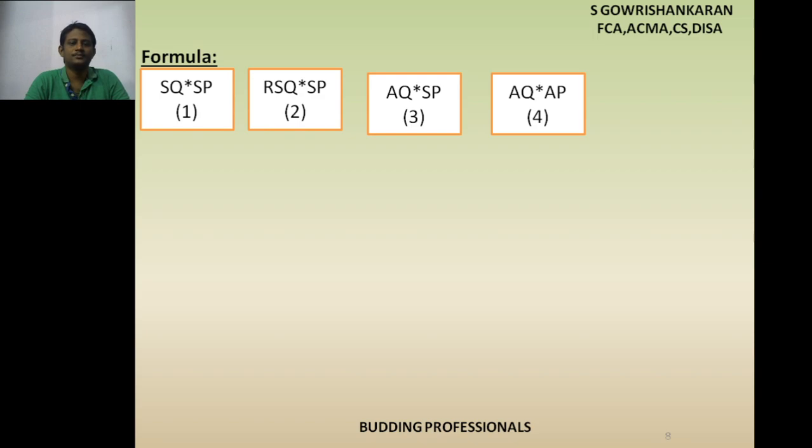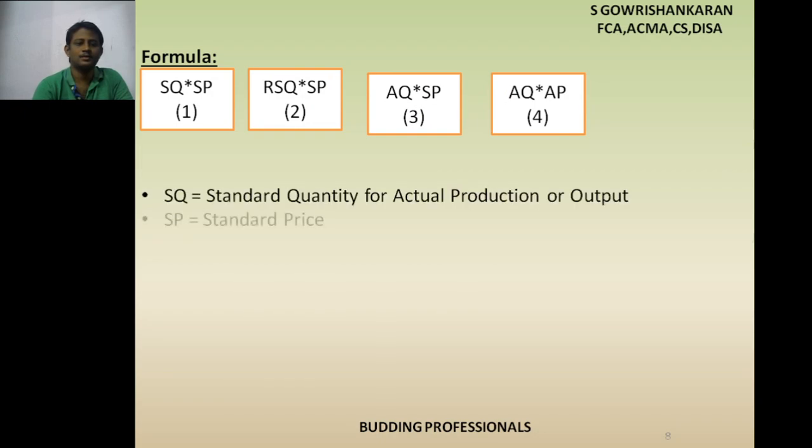Then AQ is actual quantity into SP, standard price. Then fourth one, actual quantity into actual price, that is AQ into AP. So first one is SQ into SP, that is standard quantity for actual production. So SQ is actually standard quantity for actual production or output.